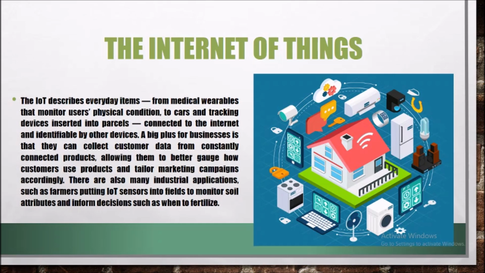A big plus for businesses is that they can collect customer data from constantly connected products, allowing them to better gauge how customers use products and tailor marketing campaigns accordingly. There are also many industrial applications, such as farmers putting IoT sensors into fields to monitor soil attributes and inform decisions such as when to fertilize.